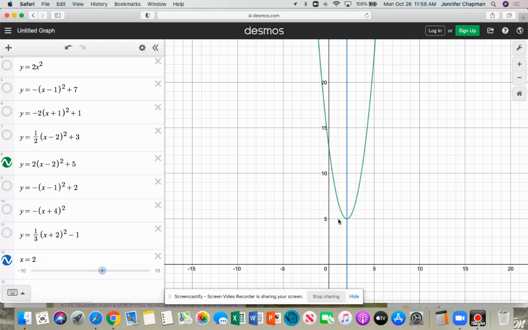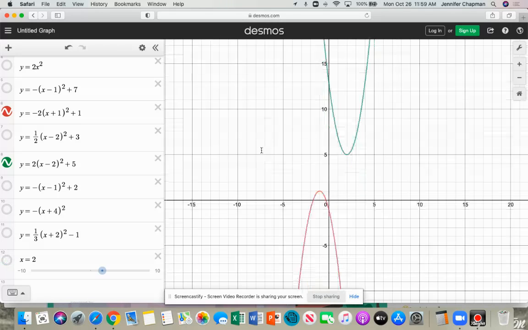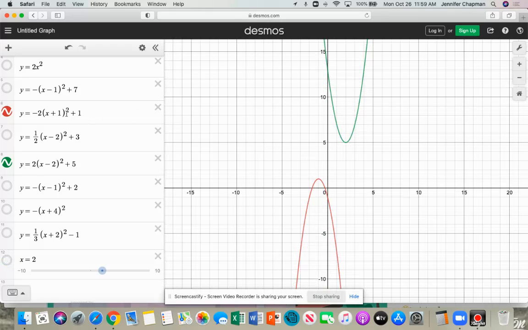A negative parabola will always have a maximum. Let me turn this on real quick. Look at this parabola down here. This is -2 for my a value. Notice this parabola from the left goes up, up, up, and it stops going up and bounces and goes back down. So that's got a maximum. So when a is negative, you're going to have a maximum. When a is positive, you're going to have a minimum.